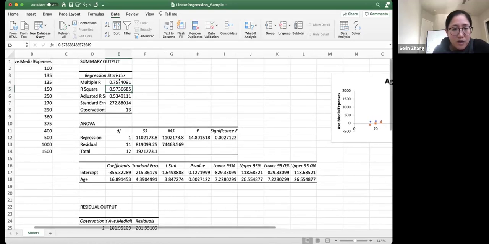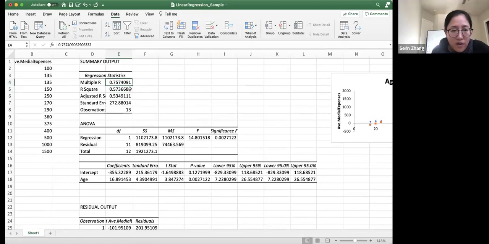And then this multiple R is the R score, the Pearson's R. So it's 0.7574, the strength of the linear relationship. It's somewhat strong, okay? Because if the absolute value is close to 1, no matter what the direction is, if it's negative, it's still the same.